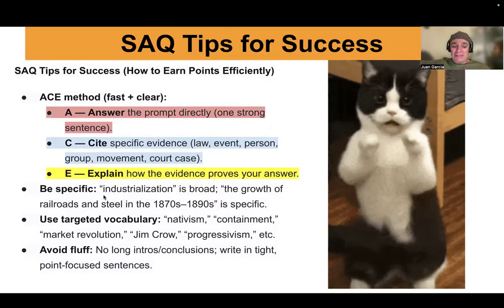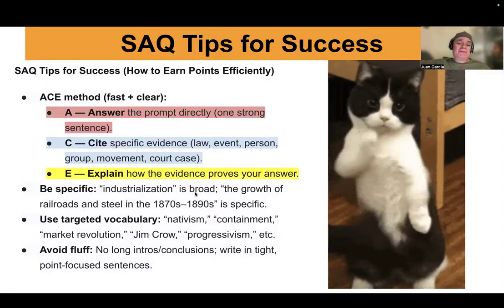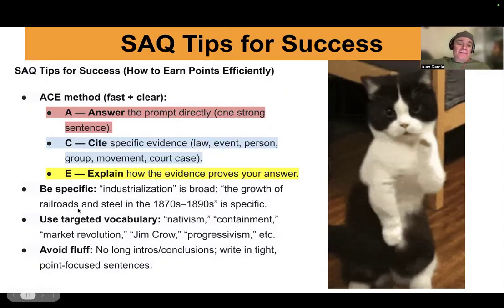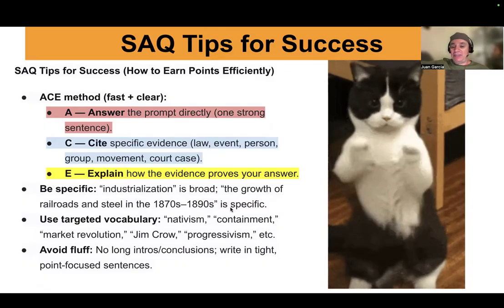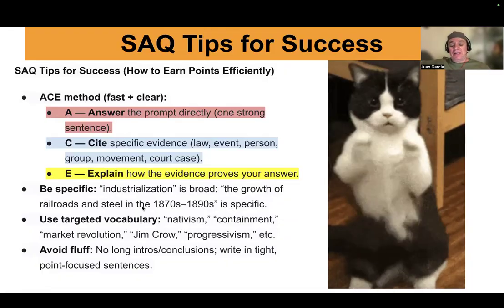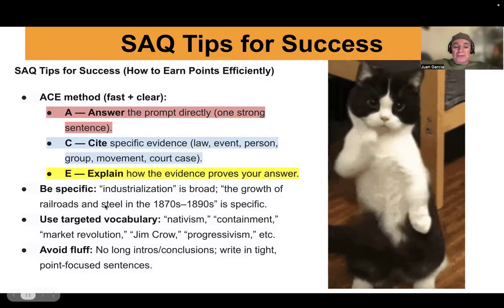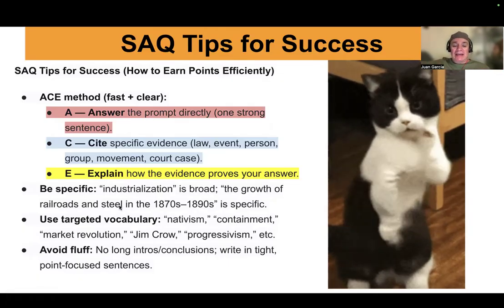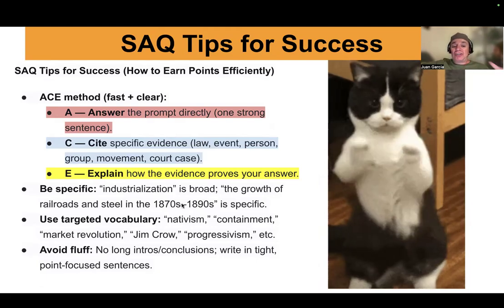Okay, be specific. If you say industrialization, well, that's very broad. You can say the growth of railroads and steel in the 1870s and 1890s. That's more specific, okay? Or the Gilded Age, which included the growth of big business and railroads, such as Andrew Carnegie, John D. Rockefeller. So you're becoming a little bit more specific in your responses and just mention those historical terms, okay?